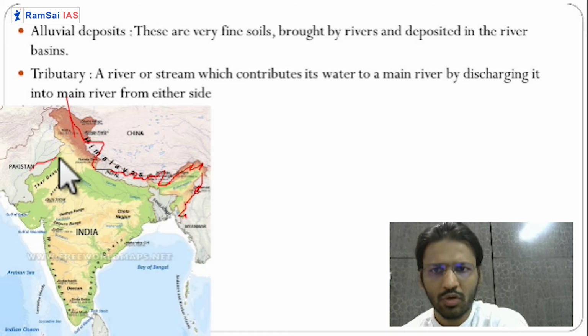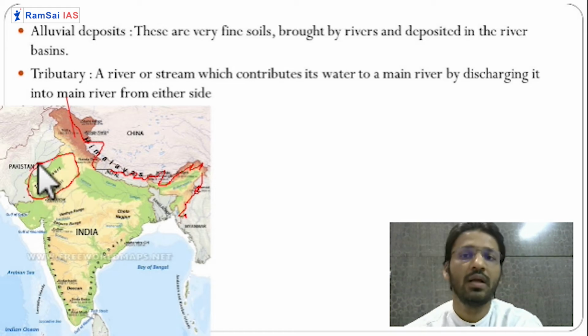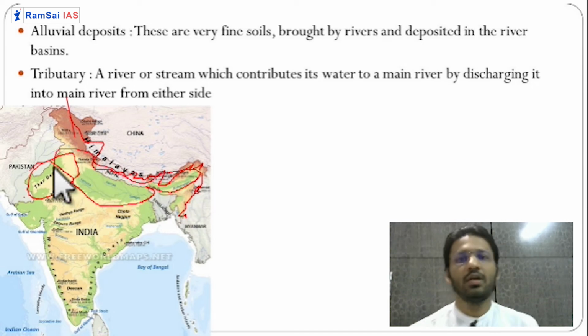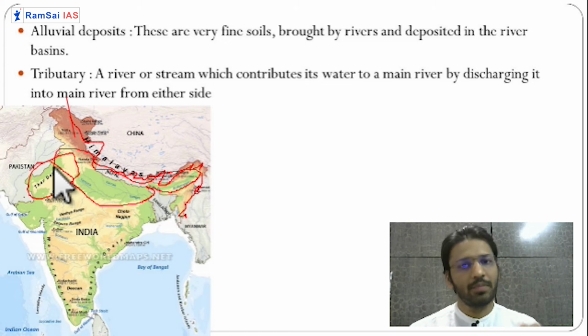Initially Rajasthan and Gujarat also had northern plains, but now there we have desert. From Punjab to, let us say, Assam, we have these northern plains. Northern plains are nothing but alluvial deposits deposited by the rivers Ganga, Brahmaputra, Yamuna and Sindhu.